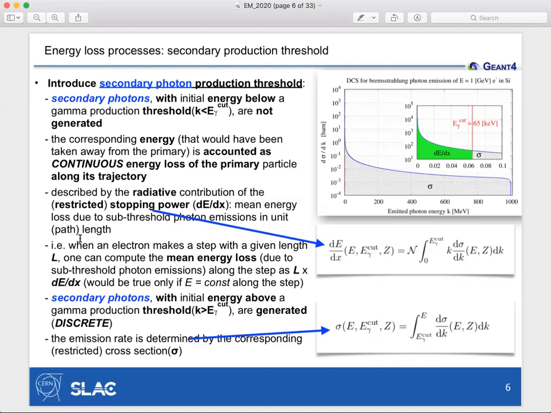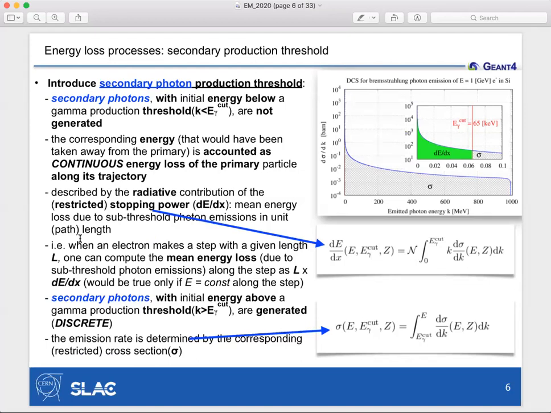We say that if the secondary photon energy would be below this threshold, then we do not generate explicitly these secondary photons, which means that we do not even stop the primary electron to generate it, but we account all the energy that would have been taken away by these subthreshold secondary photons from the primary as a continuous energy loss of the primary particle along its trajectory when it moves from the pre to the post step point.